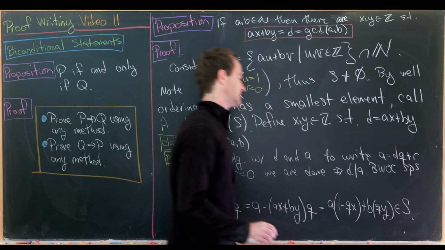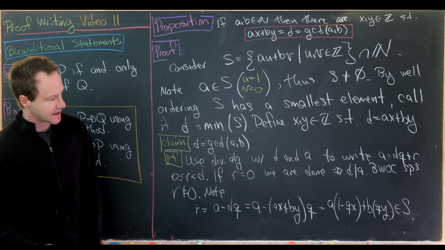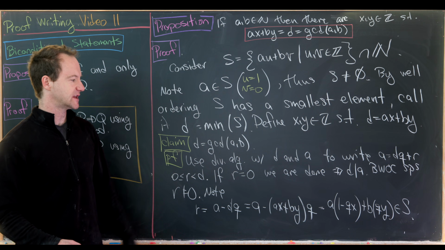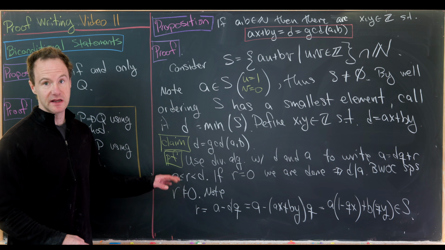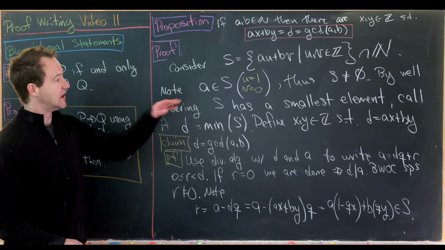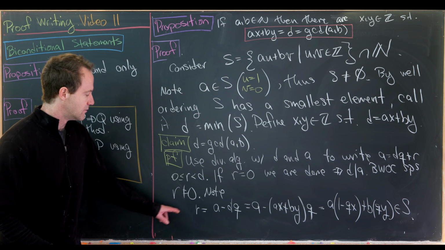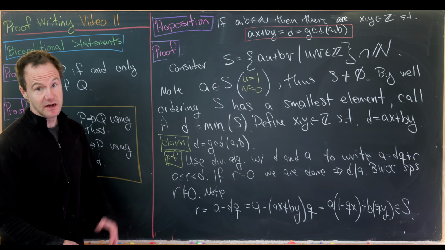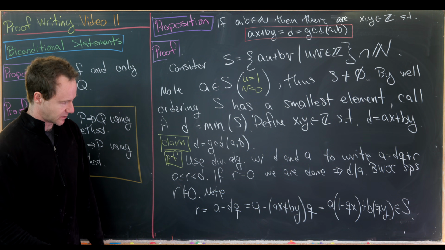But that's an element of S, because it's a linear combination of A and B, and that's what it takes to be in S. You have to be a linear combination of A and B, and you also have to be a natural number. But if R is not equal to 0, that means it's bigger than 0, which means it is a natural number.